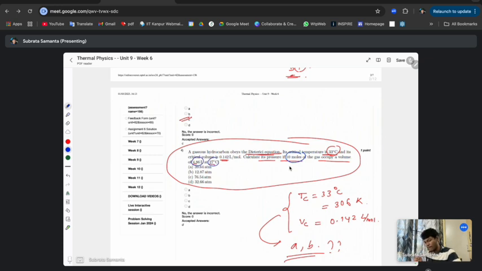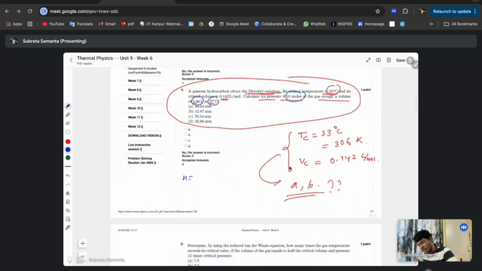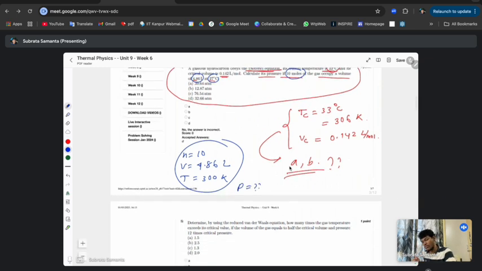So n is 10, volume V is 4.86 liter, and temperature is 300 Kelvin. You have to calculate the pressure P, and we know the values of a and b now.